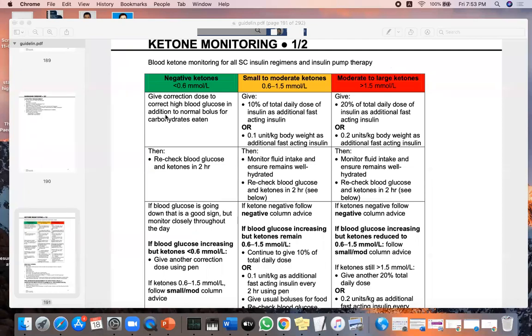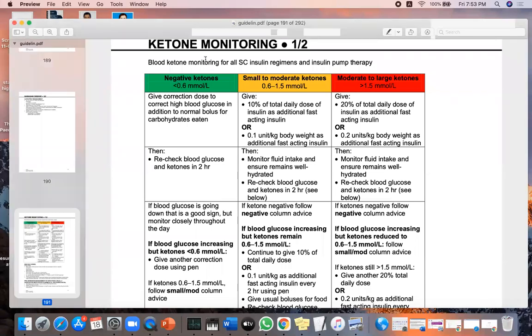So if your blood ketone is less than 0.6, you can see this page, right? Let me highlight it. Spotlight. Okay, this is 0.6, right? This is 0.6.